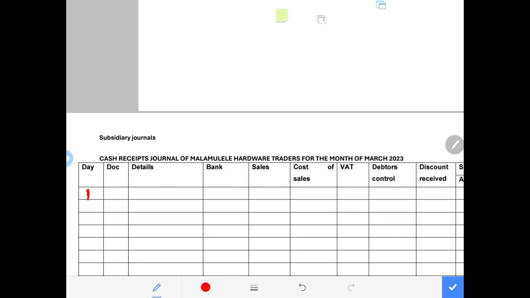Document number, let me just verify, for this one it was 008. So now we have document number 008. Who gave us this money is Chauke, who is the owner. How much did we receive in the bank account? 560,000. Remember, it is under the bank account.